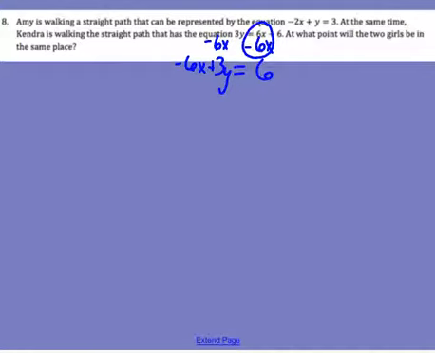When I rewrite this, the first one is negative 2x plus y equals 3. Alright, so then I'm going to rewrite my other equation: negative 6x plus 3y equals 6.